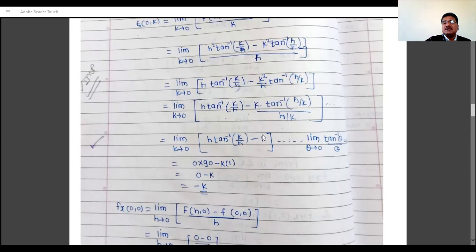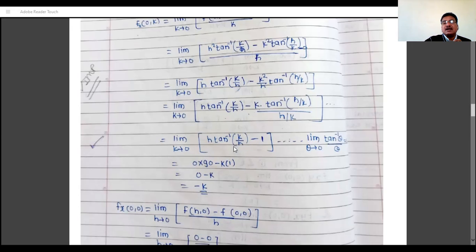So we have the answer 0, limit of this factor is 0. Tan inverse infinity, don't write this 90. Actually here is the limit h tends to 0. So tan inverse k by 0 means tan inverse infinity is 90.